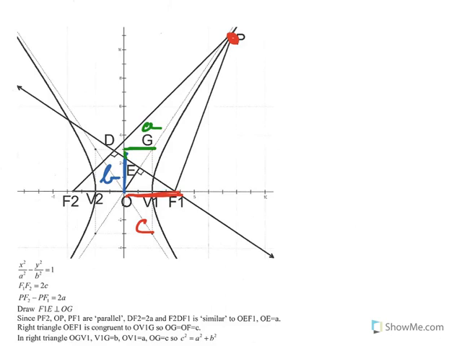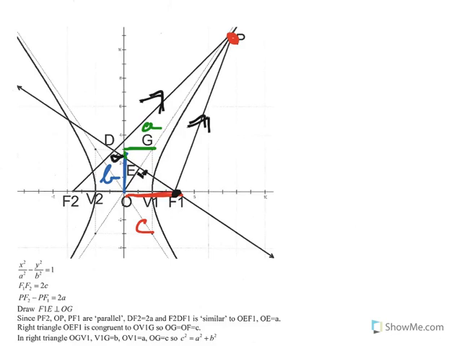But the further away P is, the more parallel they get. And P is so far away that we're going to say those lines are parallel. And here I have this line from F1. This line is drawn so that it's perpendicular to the asymptote. That's why I have a right angle here.